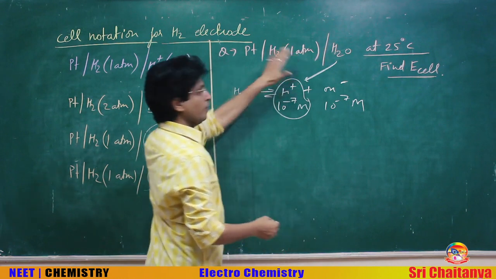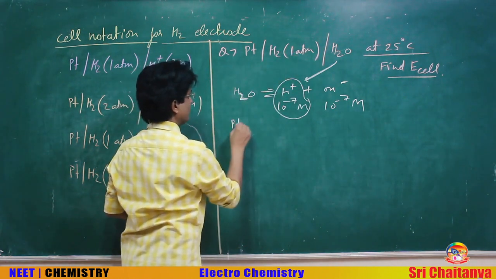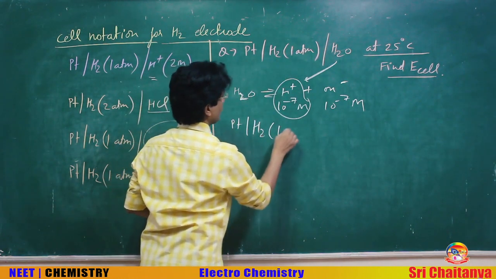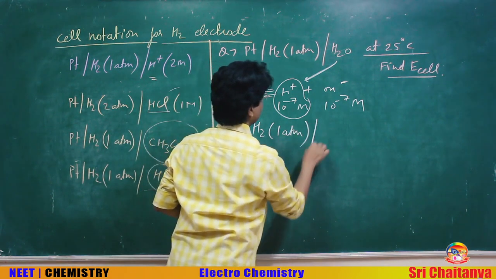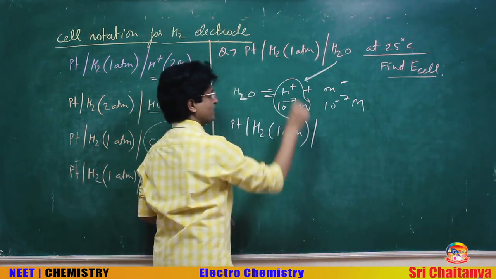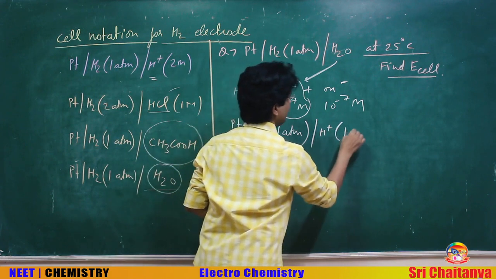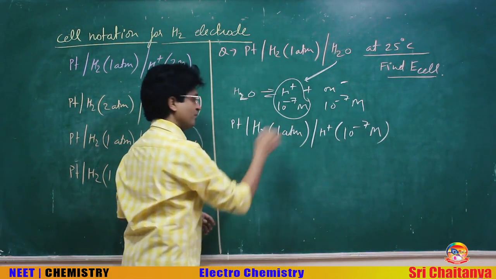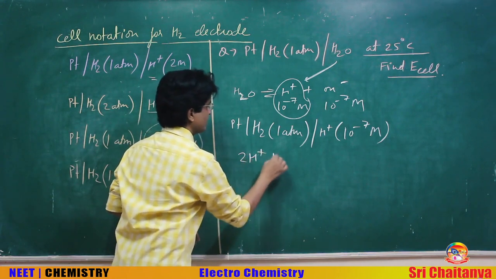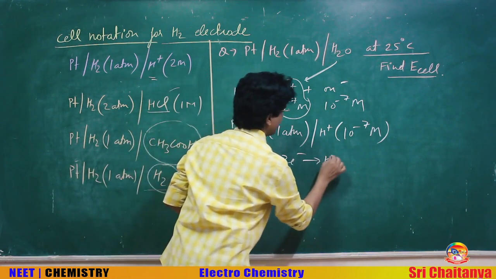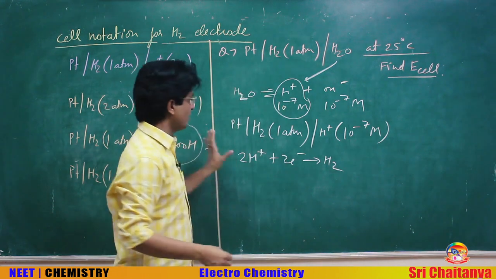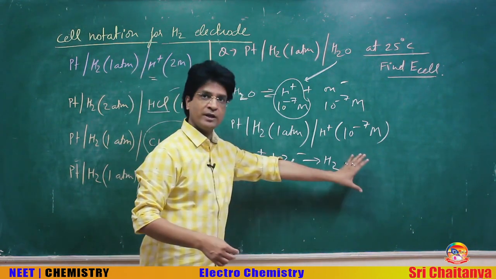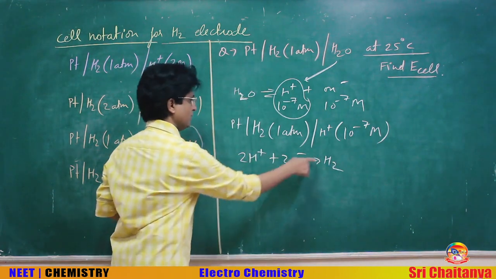So now my cell becomes platinum, hydrogen given at 1 atm, and H2O is nothing but the source of H ion, and the H ion concentration is actually 10 to the power minus 7 molar. Now I can write down the equation for this cell, which is 2H plus plus 2 electrons giving you H2. Remember that if nothing is given, you have to write down the equation for the reduction reaction. Okay, so this is the reaction.